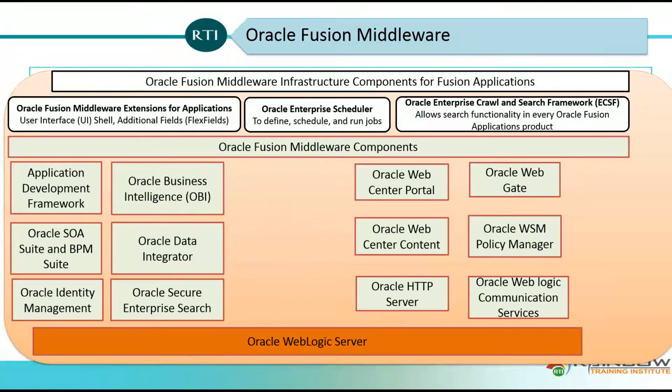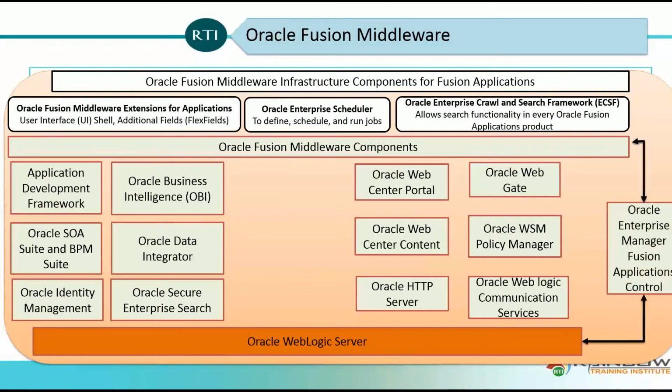Okay, and now we have these middleware components, and there is one process which will keep monitoring continuously the status of each and every individual component. So whether they're talking to each other or not, or whether the Fusion middleware components are interacting with the infrastructure components.